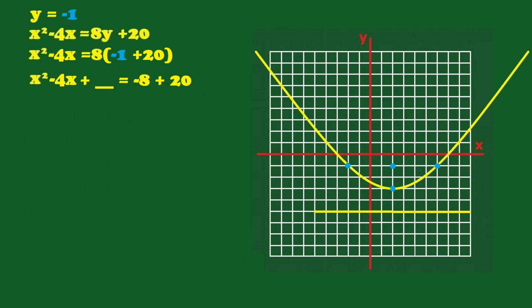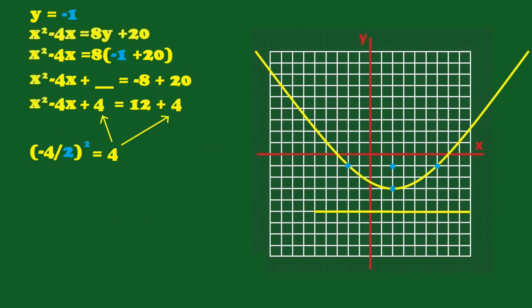Distribute 8 to the right, and we get -8 plus 20. Since x is squared, let us make it a perfect square trinomial by adding the third term. To find the third term, we divide the middle term numerical coefficient by 2 and square it as shown, so the third term is 4. Since we added 4 to the left, we also add 4 to the right.